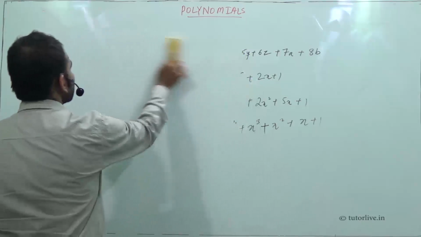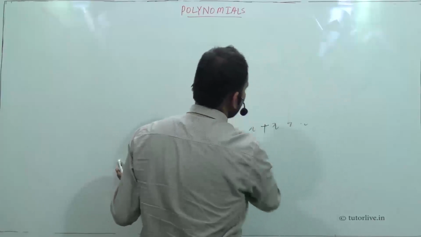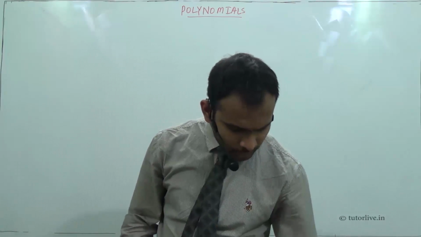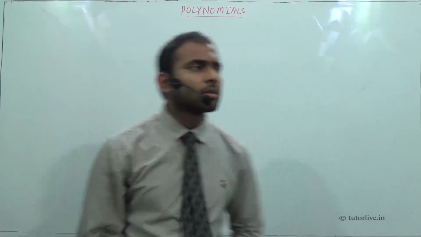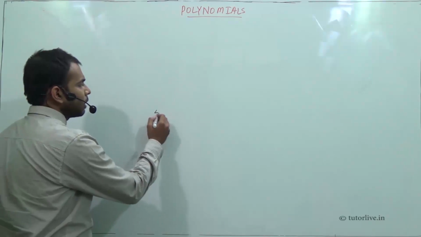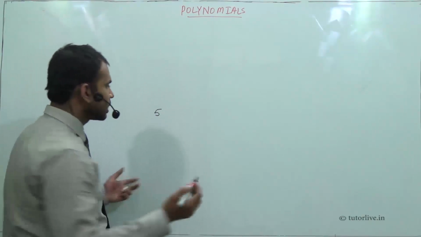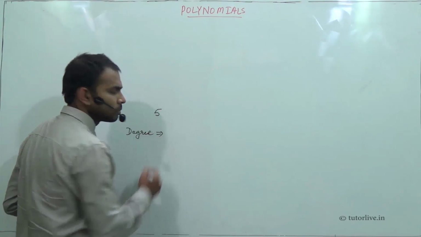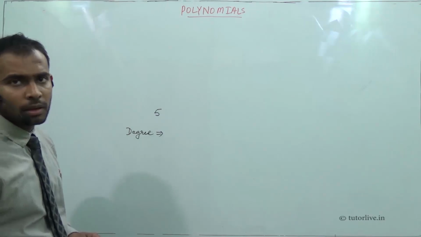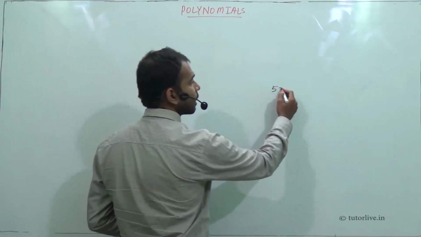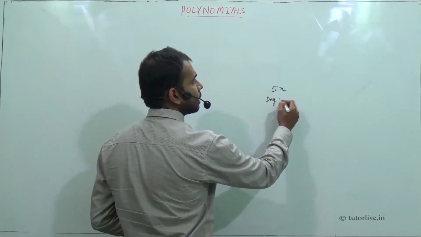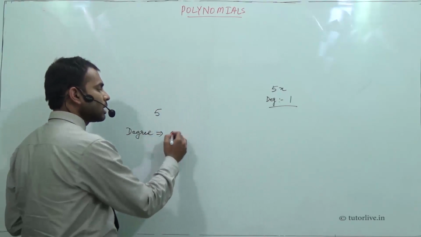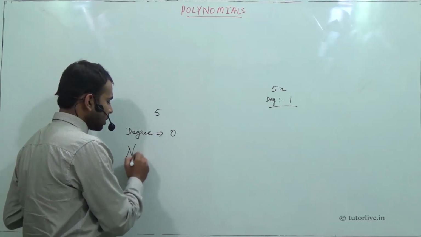Now we'll be moving on to exercise number 2.1. Okay, just one more question. If we have an expression 5, what is the degree? Can anyone tell me? Of course, if it had been 5x, the degree would have been 1. Here it's written 5, the degree of any constant is 0. You will write it in a note.